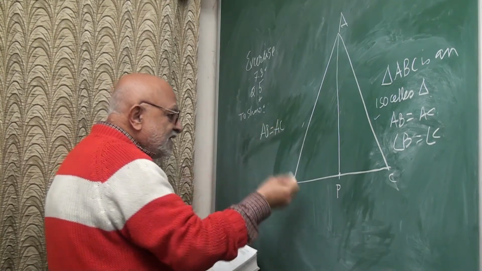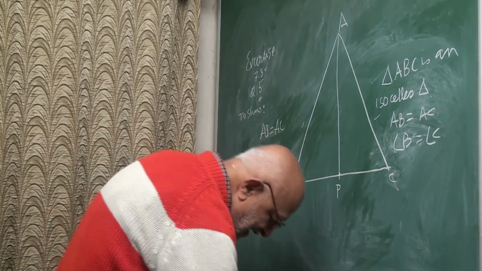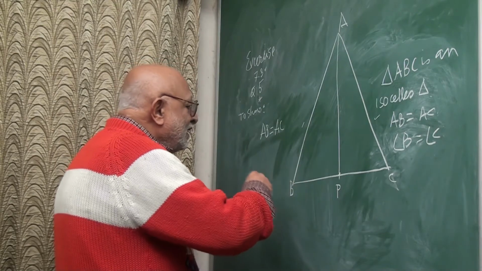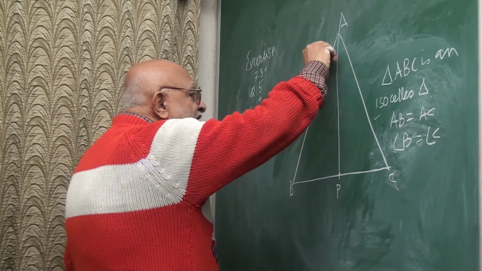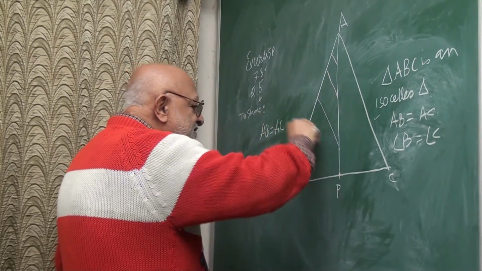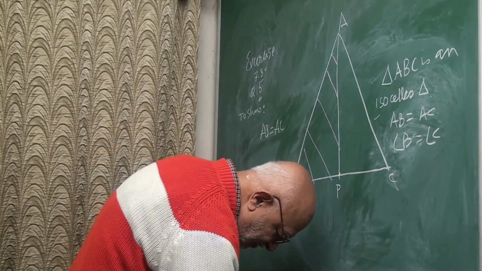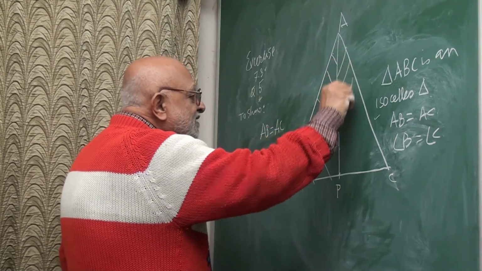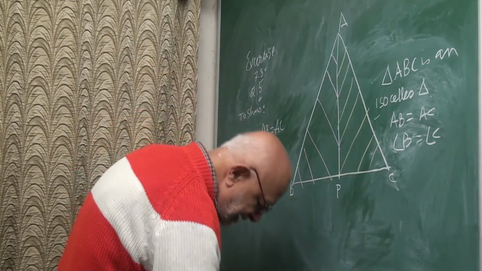Anyway, they want us to prove most probably these two triangles are congruent, but the wording that is used seems very funny. Okay, let's take these two triangles like this, and this is a 1 minute's job.